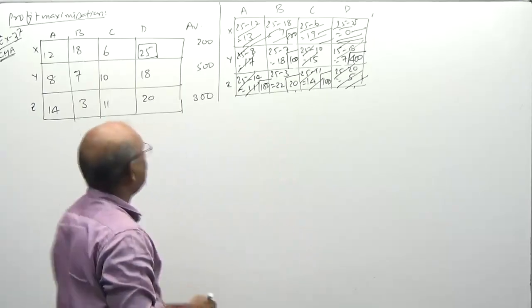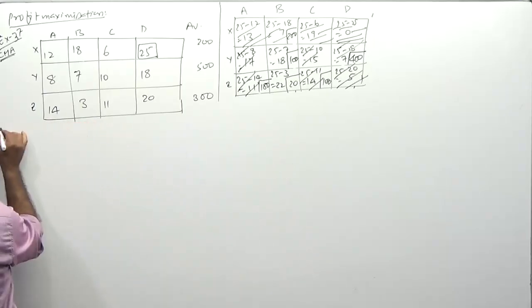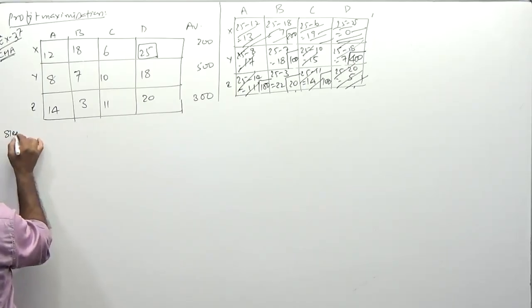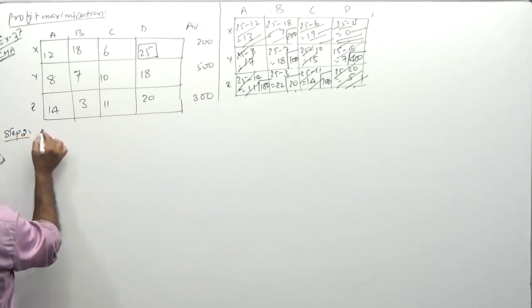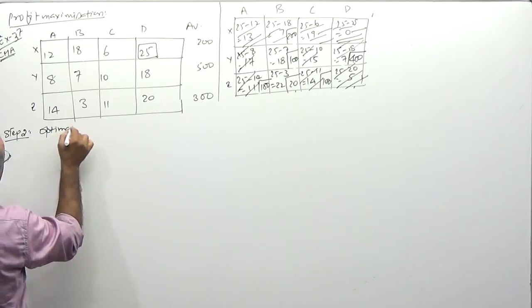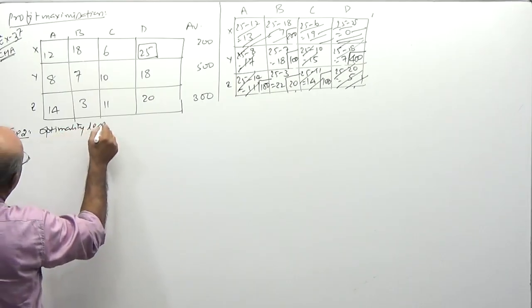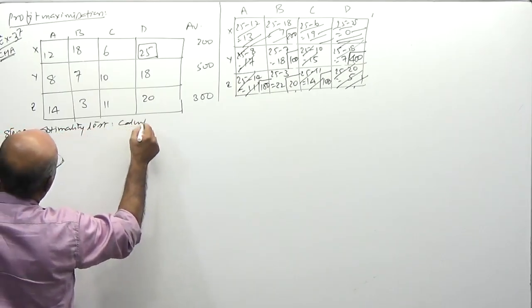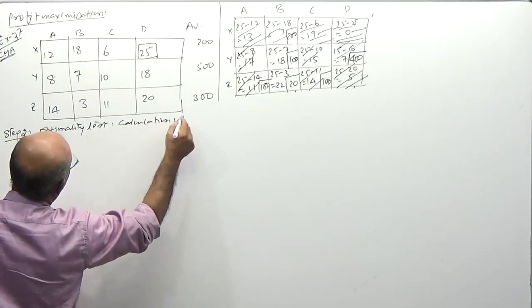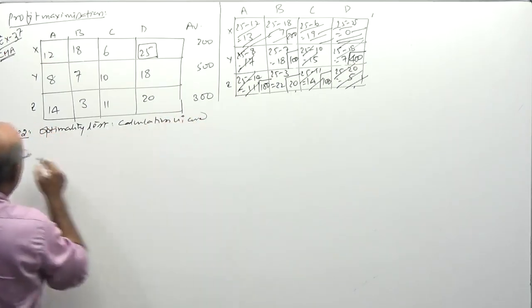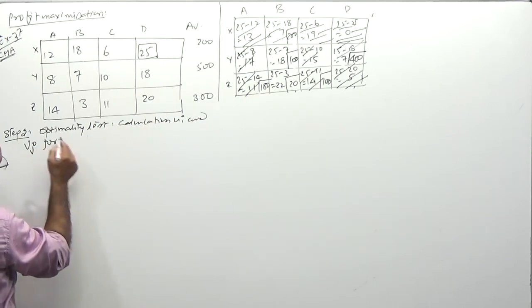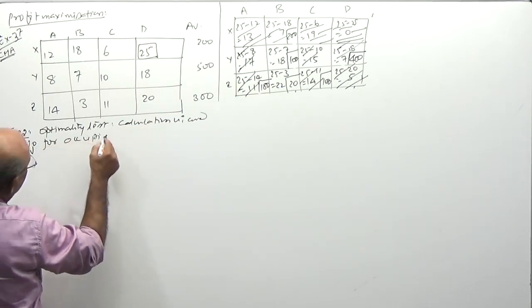So step number 2, optimality test. Calculation of Ui and Vj for occupied cells.